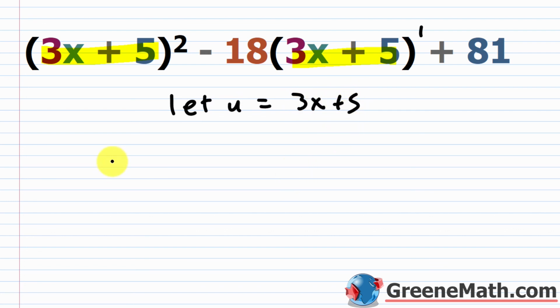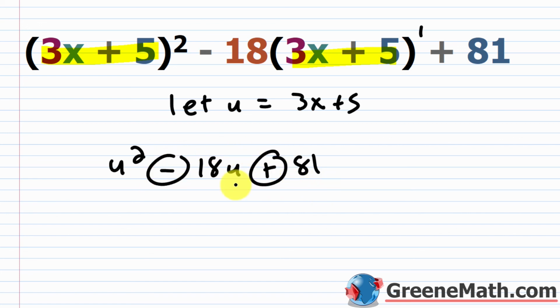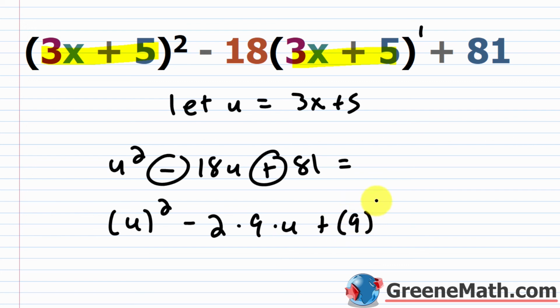So we're going to factor u squared minus 18u and then plus 81. Now I want you to notice, again, if you get something like 81 or 49 or 64 or 169, something that's a perfect square in the end, you want to check, is this guy a perfect square trinomial? You have a minus here and a plus here and a plus in the front, so it looks like it might work out. So could I say this is u squared minus 2 times, this would be 9 times u plus this 9 being squared.